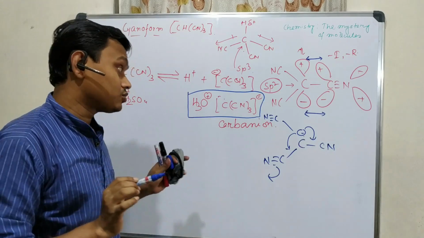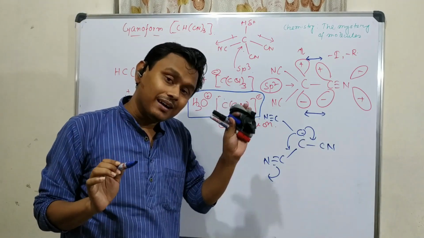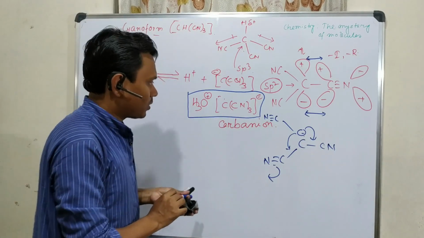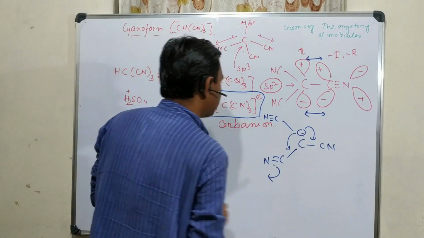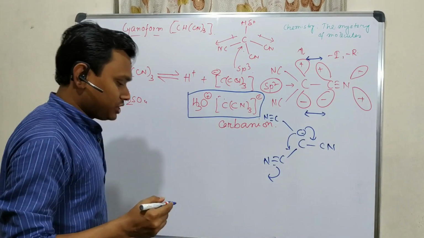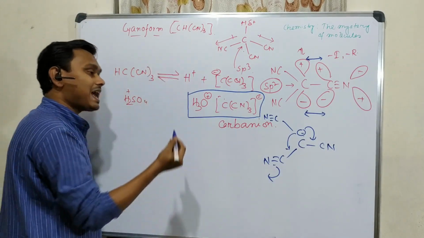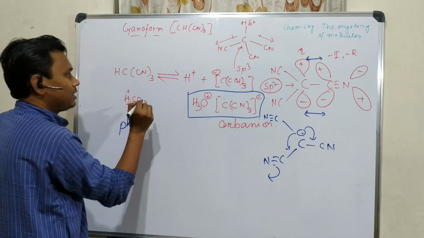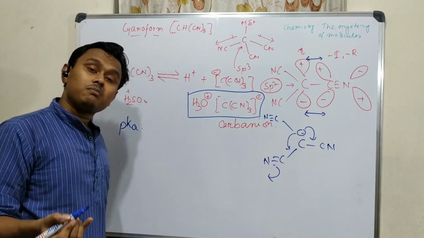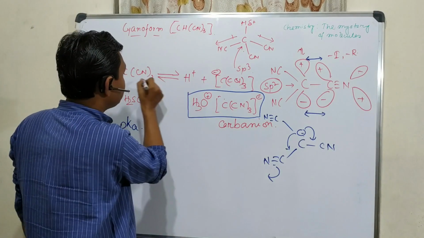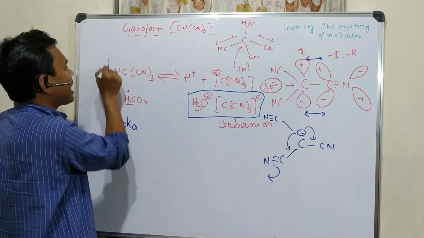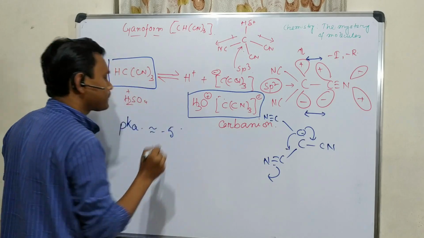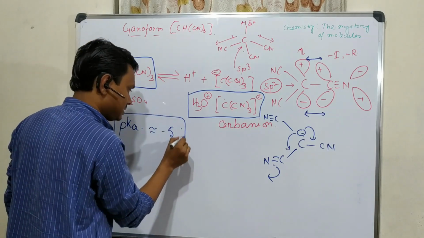So I guess you have understood why, in spite of being a carbanion, this group is stabilized. Surprisingly, generally we measure the acidity of a material using pKa, and generally we say a pKa below 1 means a strong acid. This molecule has a pKa around -5, so it is a very strong acid.